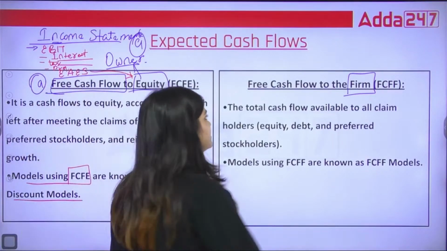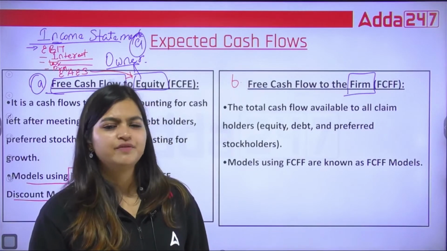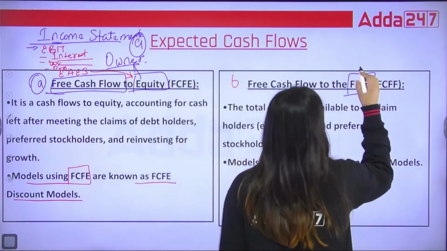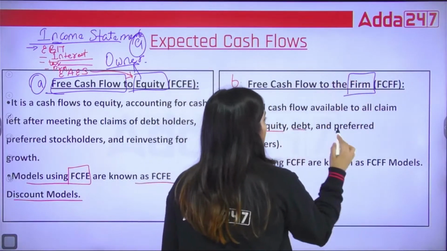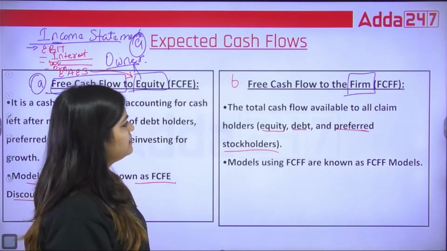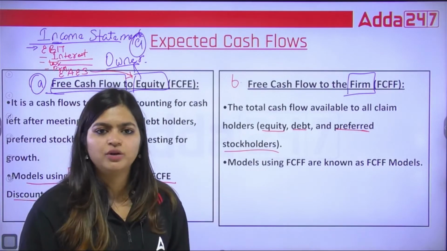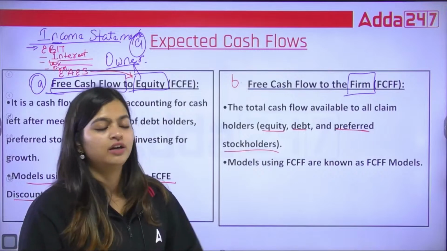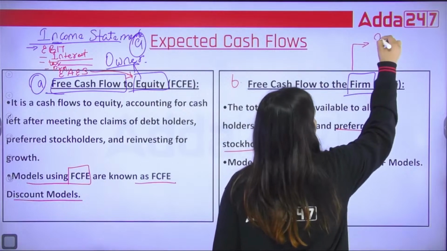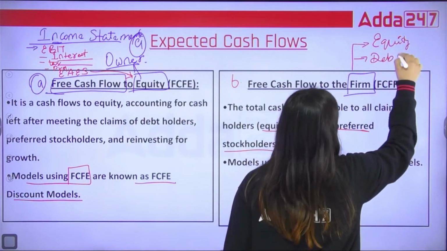Next is your free cash flows to the firm. Whenever we talk about the firm, the firm is a wider term, including equity, debt and preference stockholders also. Under the firm, we are not going to talk about any specific shareholders or any specific debtors or debentures. In this, you include your equity portion and the debt portion also.